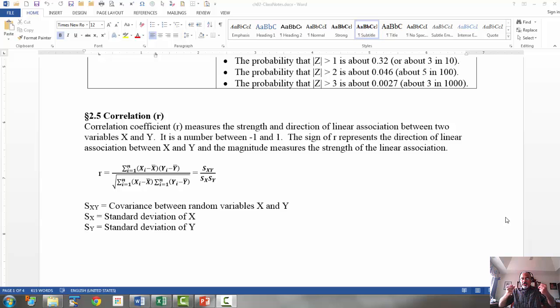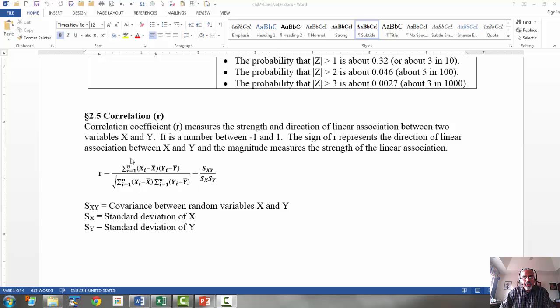So the closer the R value is to +1 or -1, that would represent very strong correlation. Whereas a number that is closer to 0 towards the center, that would mean not very strong, weak correlation between the two variables.